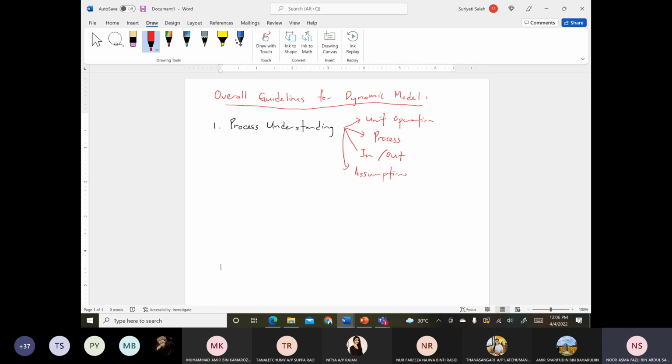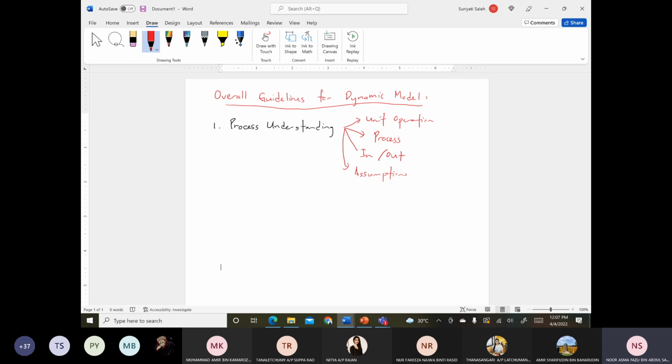That's why in this case, the assumption is very important. You need to take a look at which variable is constant. For example, in some cases, the process is under isothermal condition. When you operate under isothermal, there will be no change in the temperature, so you don't need to develop the energy balance.